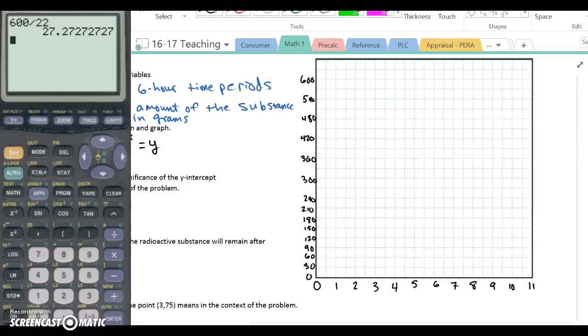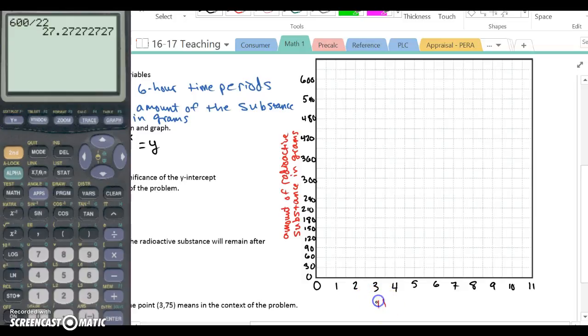Okay, so let's label. This would be amount of radioactive substance in grams. I guess you could write grams of radioactive substance.